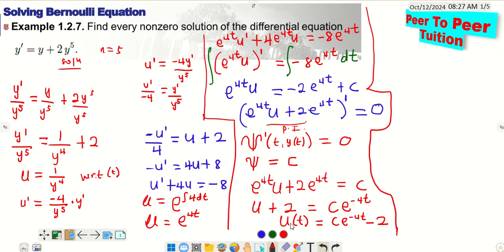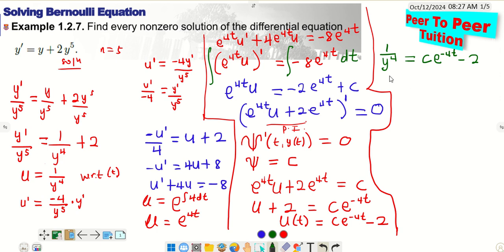To substitute that back, we can say that our u here, 1 over y exponent 4, should be equal to c e to the power negative 4t minus 2.